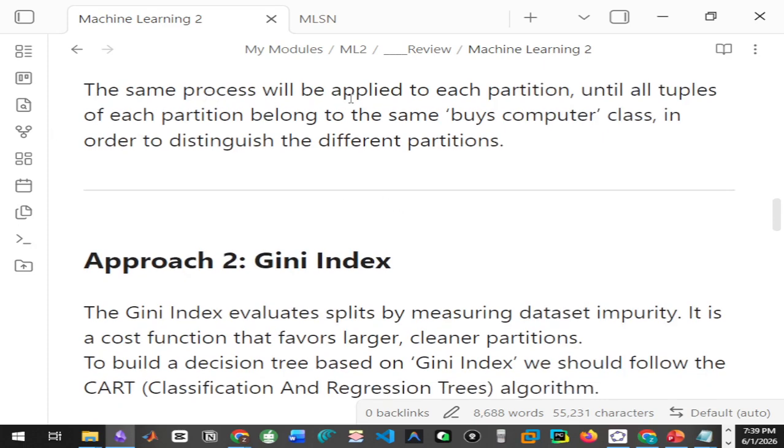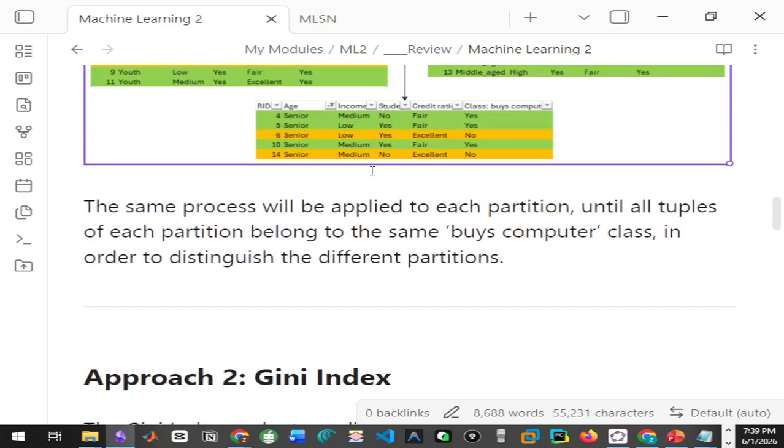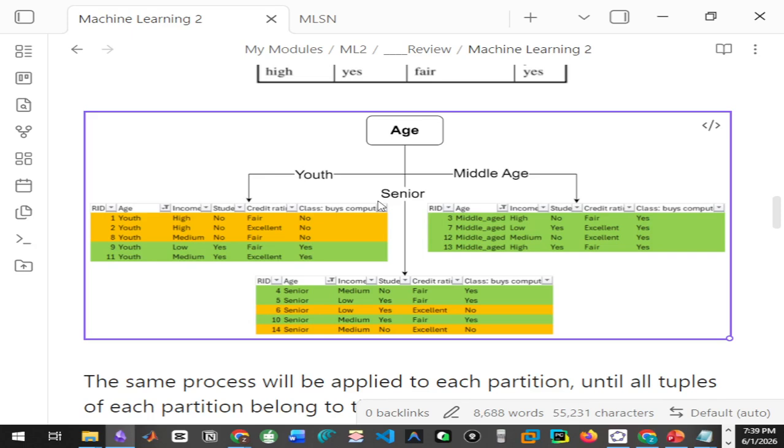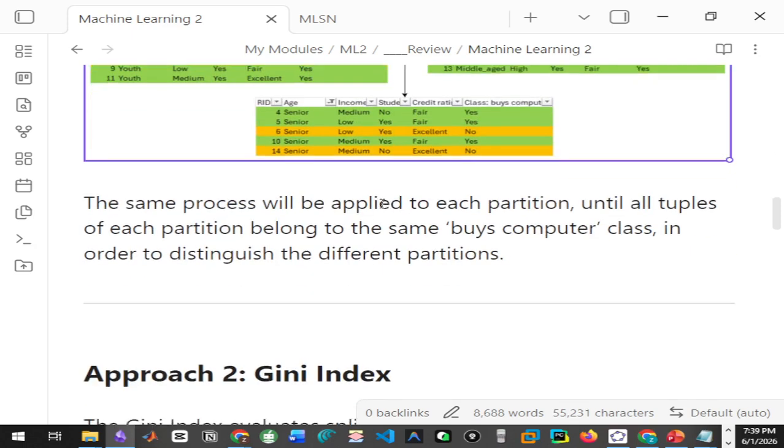The same process will be applied to each partition until all tuples of each partition belong to the same buys-computer class. We will do it until we get clean subsets, or we run out of criteria, or reach some stopping criteria.